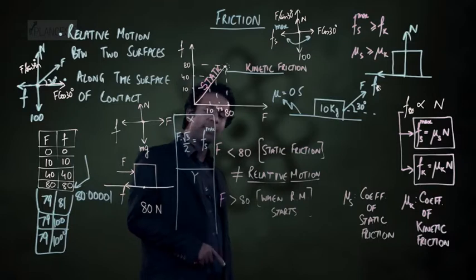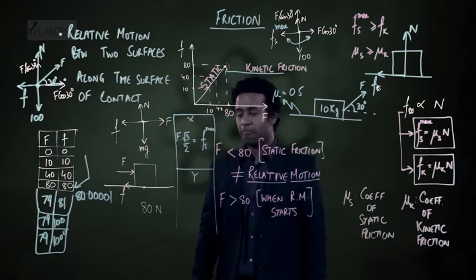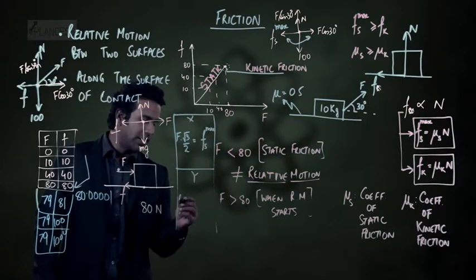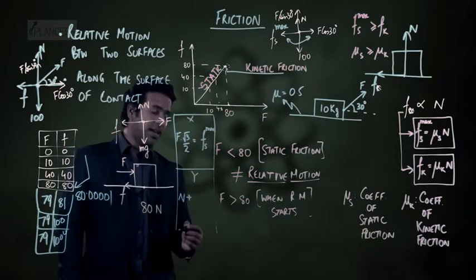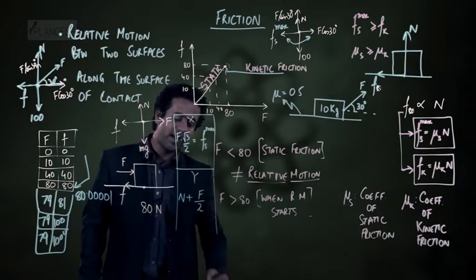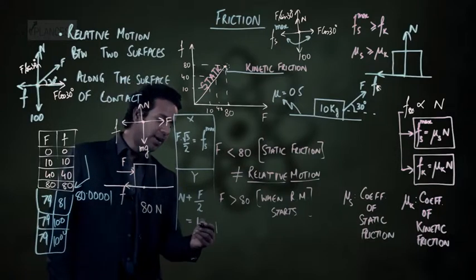So F root 3 by 2 is equal to the maximum of static friction. And from the vertical forces, we see that normal plus F sin 30 degrees. Once again, sin 30 is half, so we have N plus F by 2 is equal to 100.